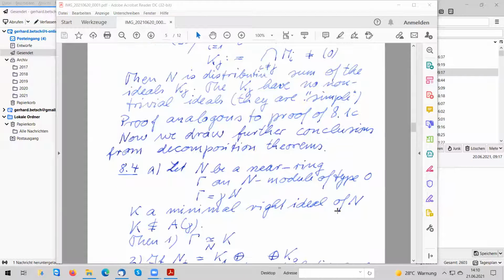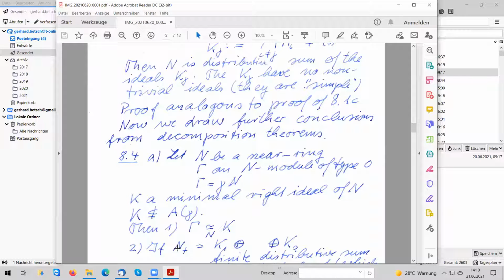We need first this consideration. Let N be a near-ring, Γ an N-module of type 0. That means Γ, capital Γ, must have this form, small γ times N. K is a minimal right ideal of N which is not contained in Aγ.